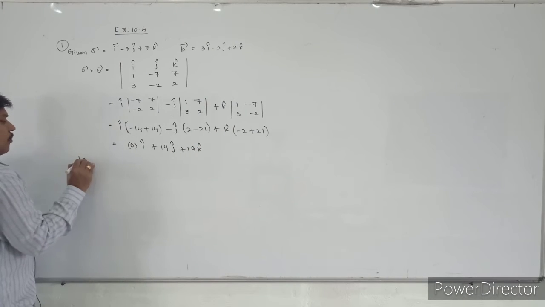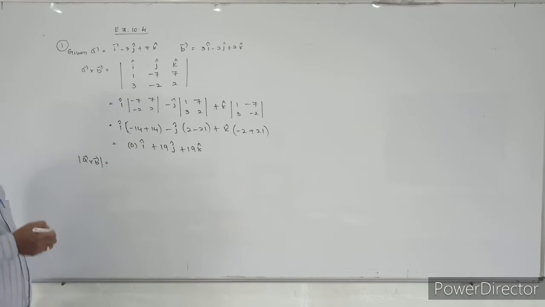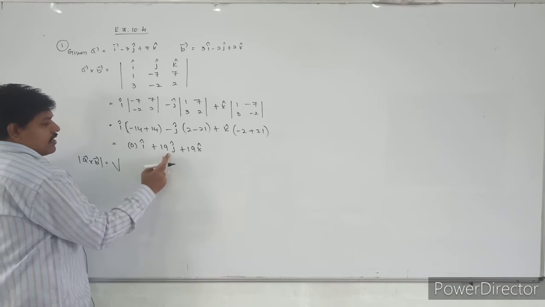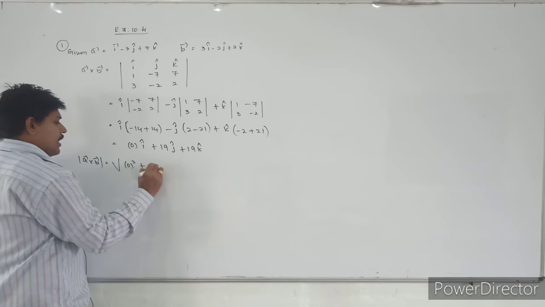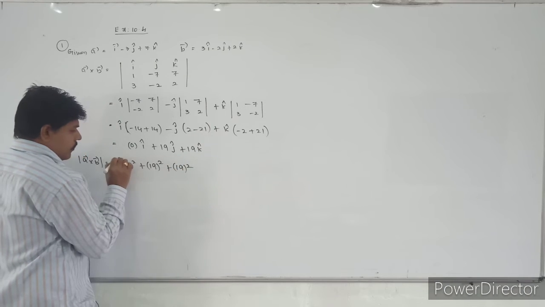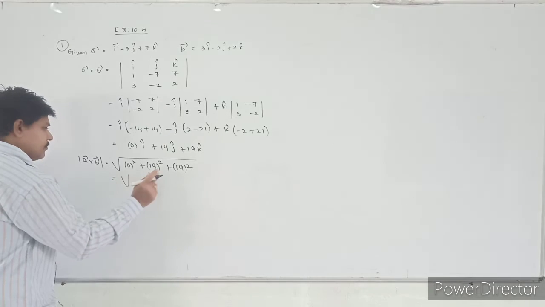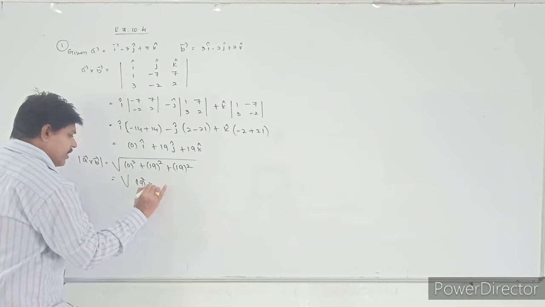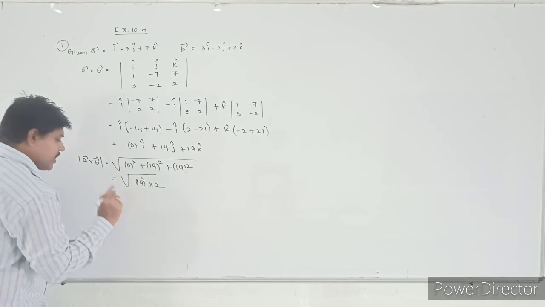They are asking for mod A bar cross B bar, which is the square root of x square plus y square plus z square. So 0 square plus 19 square plus 19 square, which is root of 19 square into 2, because 19 square plus 19 square is 2 into 19 square.